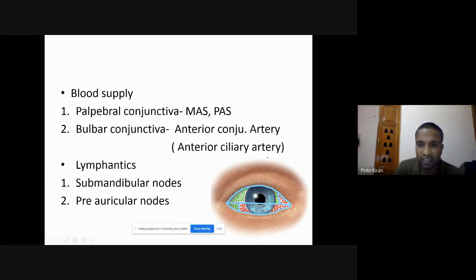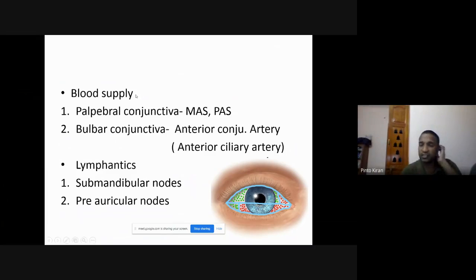The same blood supply supplies the palpebral conjunctiva. Similarly, the bulbar conjunctiva receives its blood supply from the anterior conjunctival artery, which is a branch of the anterior ciliary artery. Keep that in mind, because this question may be confusing. Majority of the ocular structures, for example iris, ciliary body and choroid, are supplied by the posterior ciliary arteries, which are long or short ciliary arteries.